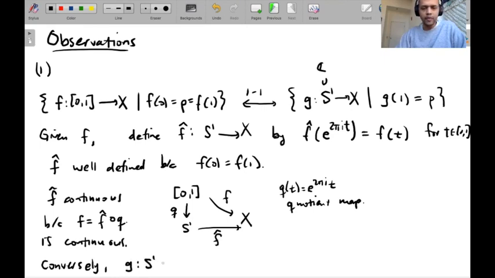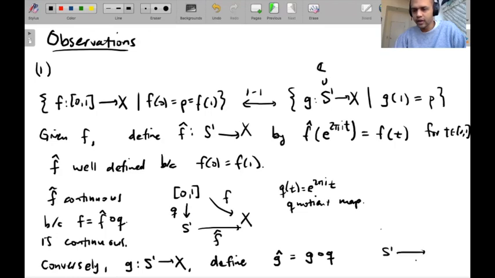if you have G, a map from S1 into X, we can define G hat to be Q composed with G composed with Q. So this is the same.